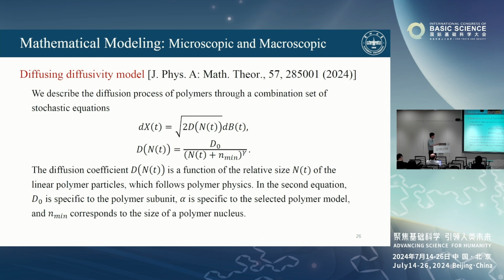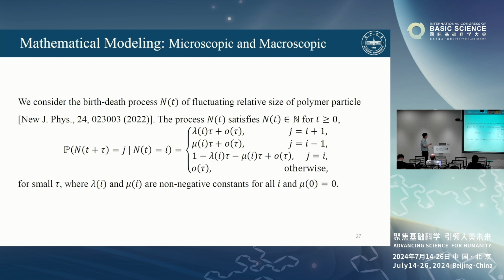XT has a random coefficient. We define the so-called diffusive model. Here is the definition of NT: it has the probability to transit from the number I to the number J with the probability.